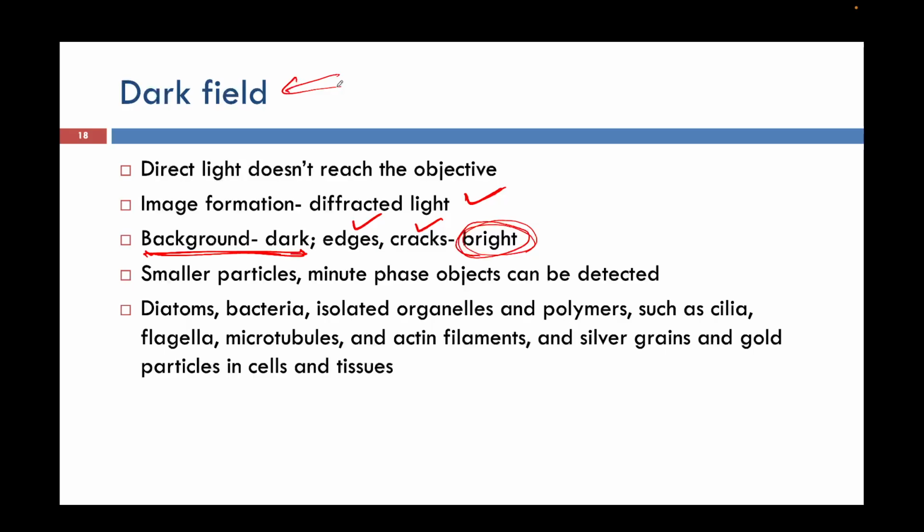Smaller particles and minute phase objects that we generally cannot see in bright field, we can always detect in dark field mode. Diatoms, bacteria, isolated organs, small living cells and tissues can be seen. That is what dark field means.